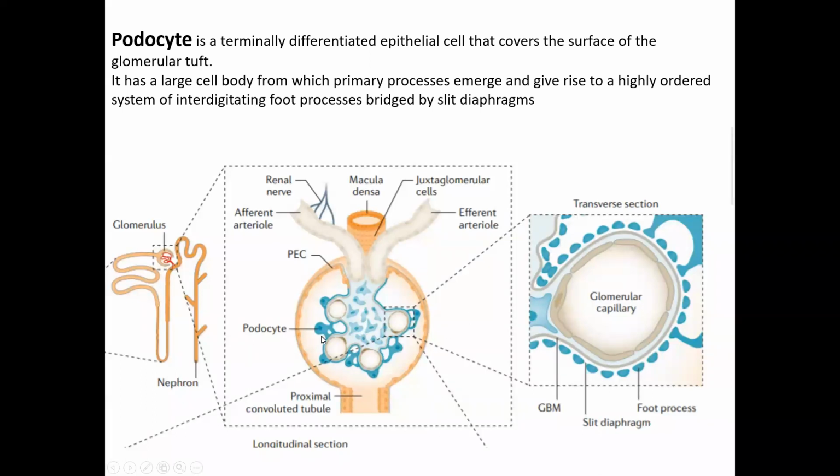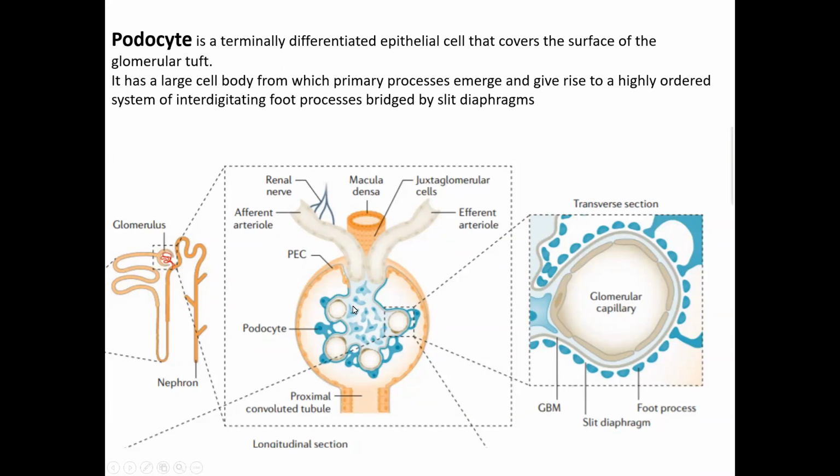Here in this schematic diagram, the podocyte has several processes: primary processes, secondary processes, and finally these tertiary processes come over the glomerular capillary wall and cover it completely and entirely. So this is the basic schematic diagram of how the podocytes cover the glomerular capillary wall.